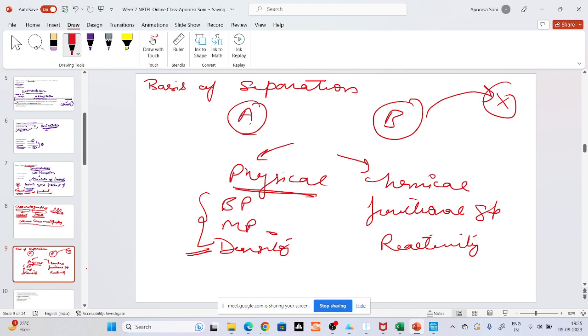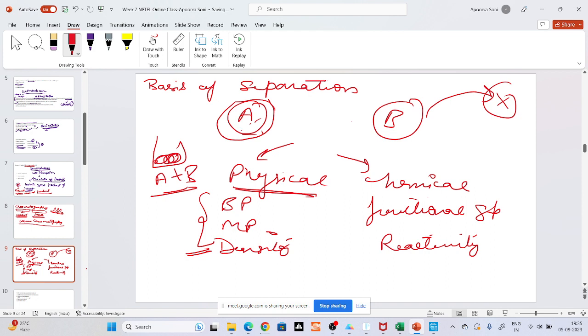So basically, to separate two different molecules, or a mixture of molecules, we have to exploit some of their properties that make them unique. Suppose I want to separate A from B, and I know that the boiling point of A is very low as compared to B. This mixture has A plus B. I will start boiling it.